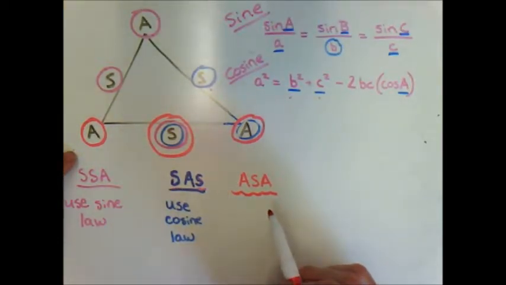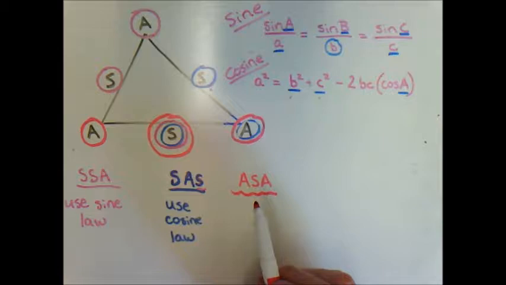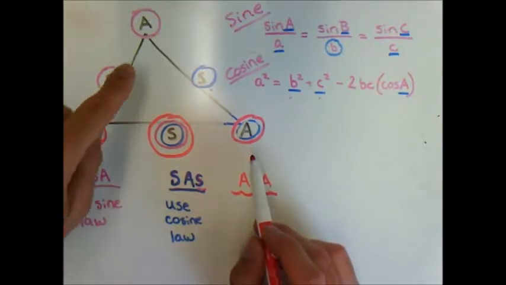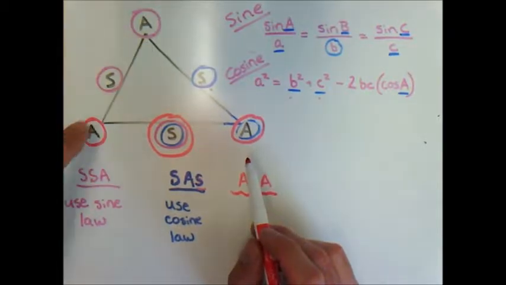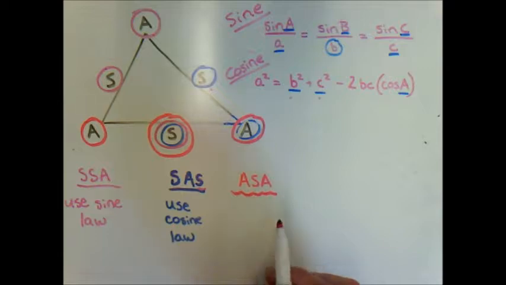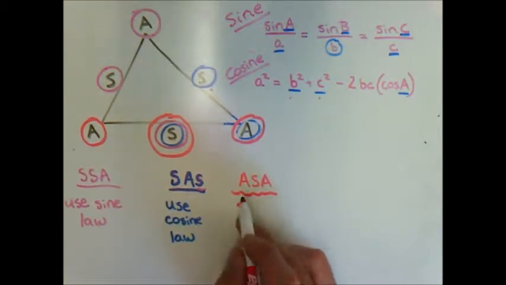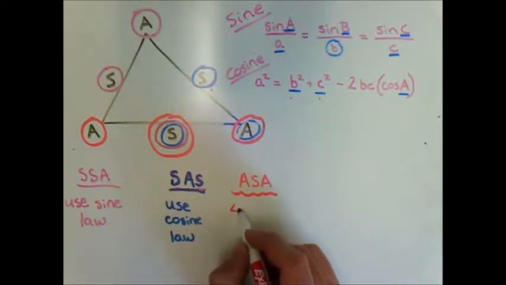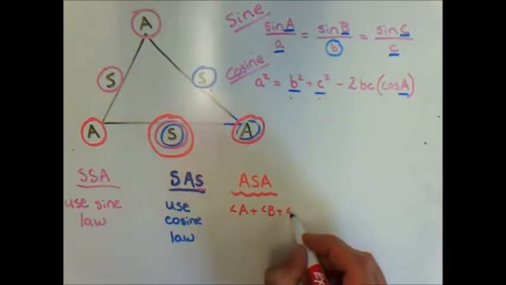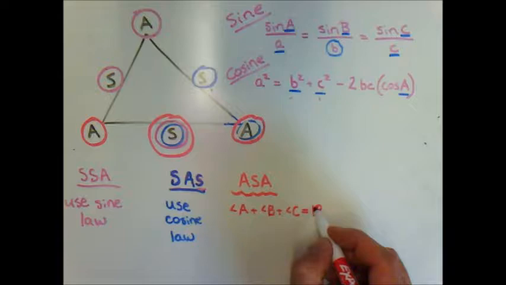But there is another strategy that we can use. Is there a tan law? There's not a tan law. Good question, though. Can we add the angles? Can I get this third angle simply by using the sum of angles in a triangle are 180? So here we can go angle A plus angle B plus angle C equals 180.